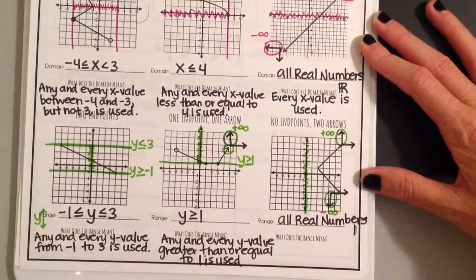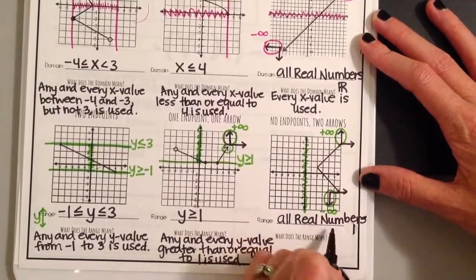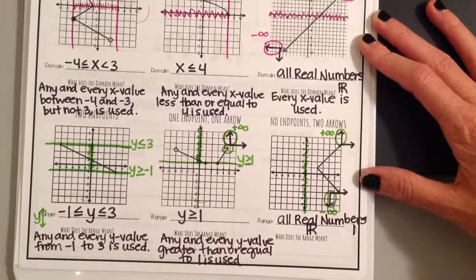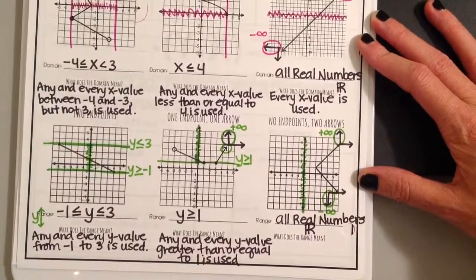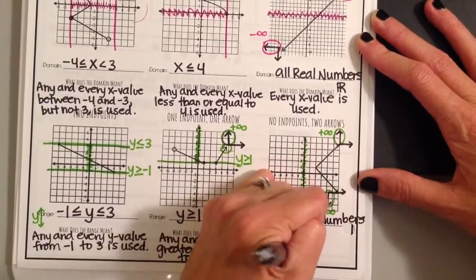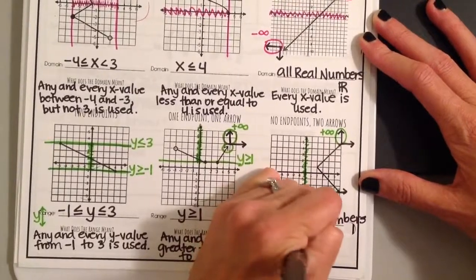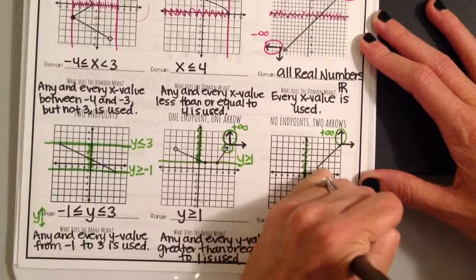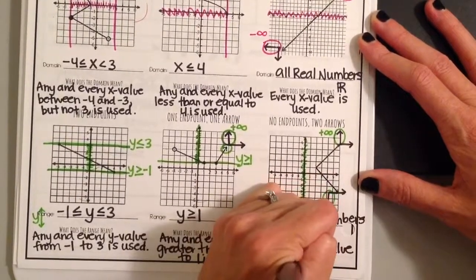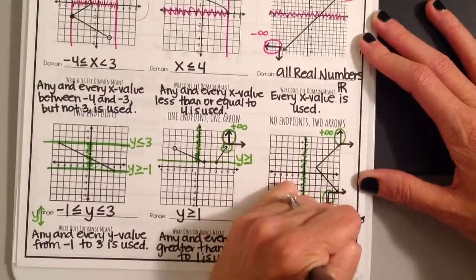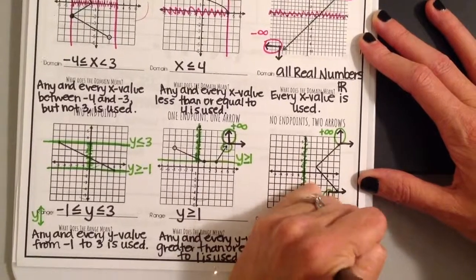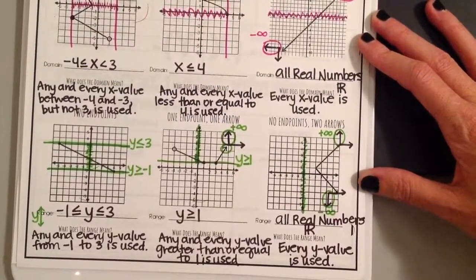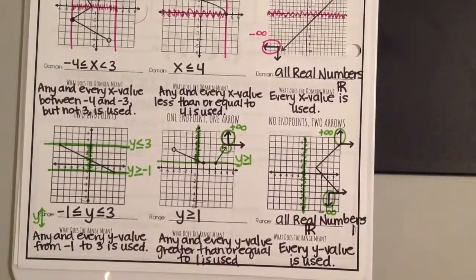Now, just like with domain, you can write out all real numbers, or you can use the real number system abbreviation, which is the bolded R. And what does all real numbers mean? It means that every y value is used. There are no values left out of our y list. But again, we are not going to list them out because I do not want to list every single number from negative infinity all the way to positive infinity. That list would just be incredibly too long.